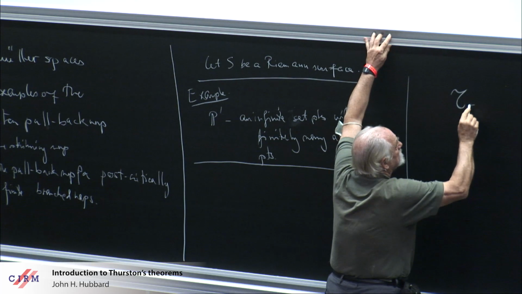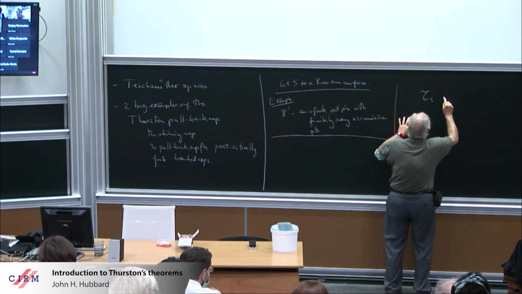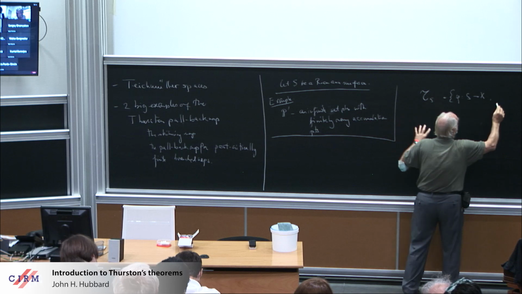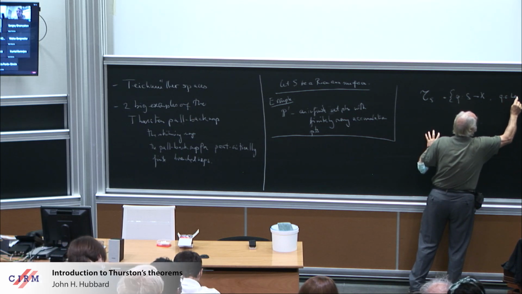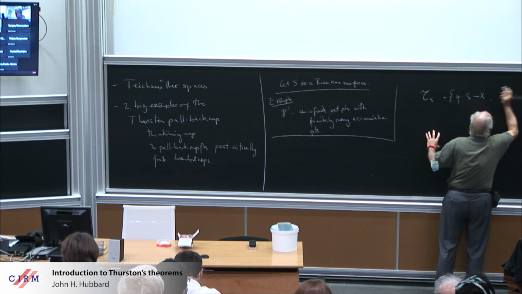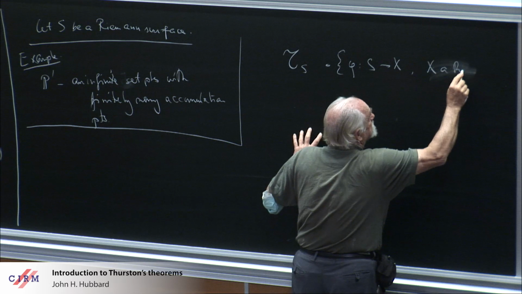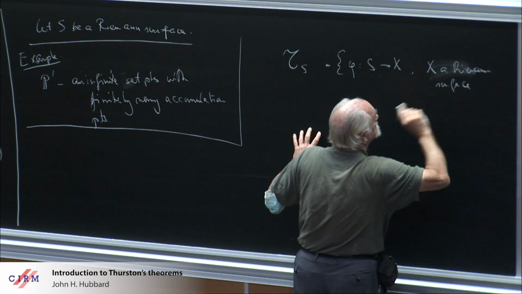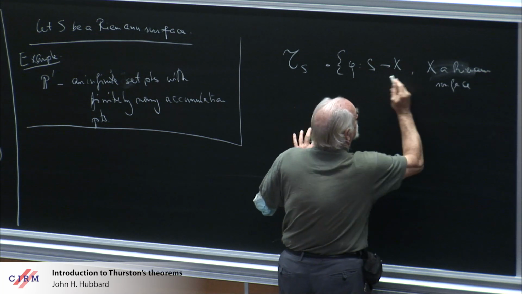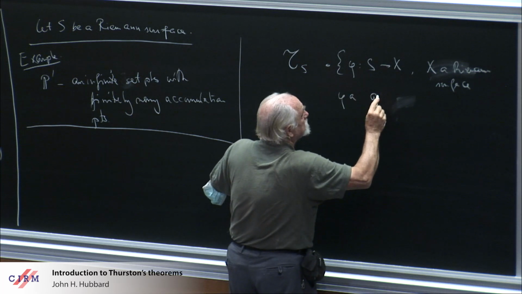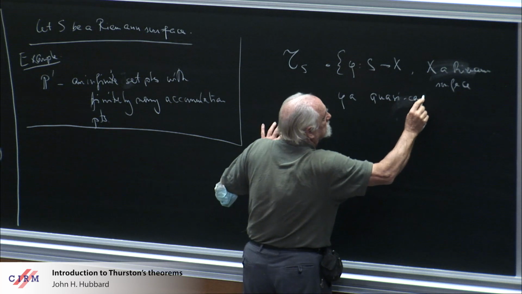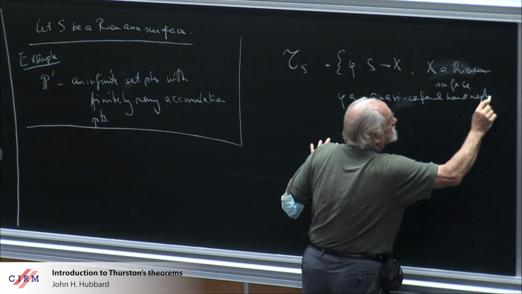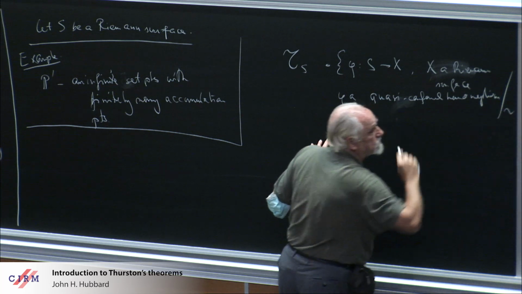The Teichmüller space modeled on S is equal to the set of phi from S to X, quasi-conformal homeomorphism with X a Riemann surface, up to an equivalence relation.